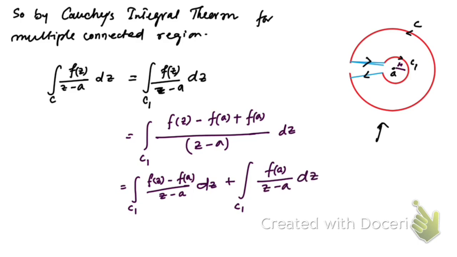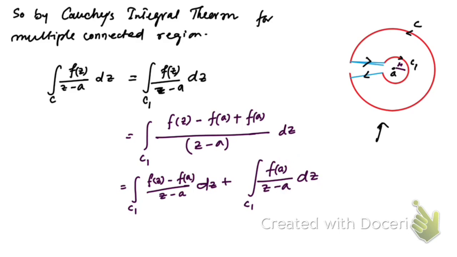Here, if you want to write f of a outside, you can, because once you put in the value a, f of a is no longer a variable. It gives you a constant value.